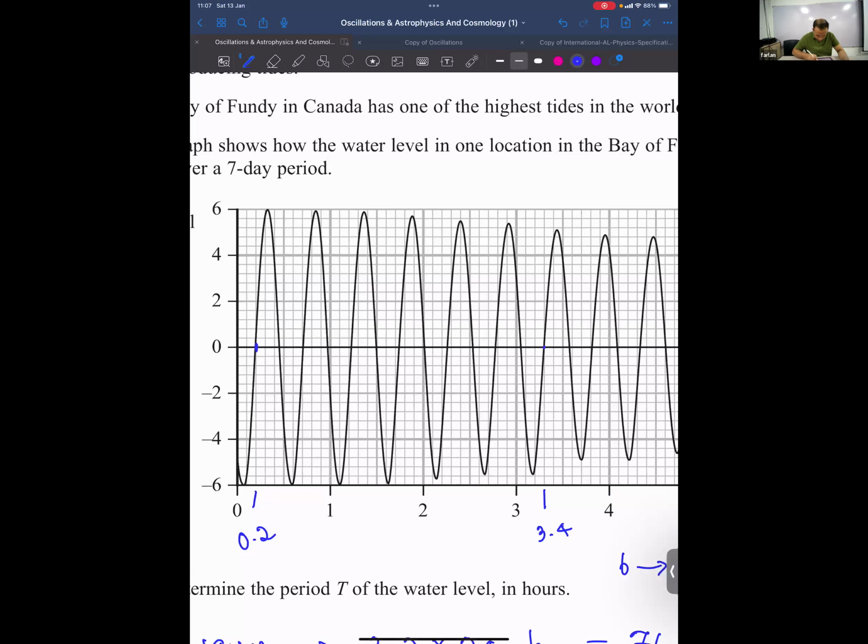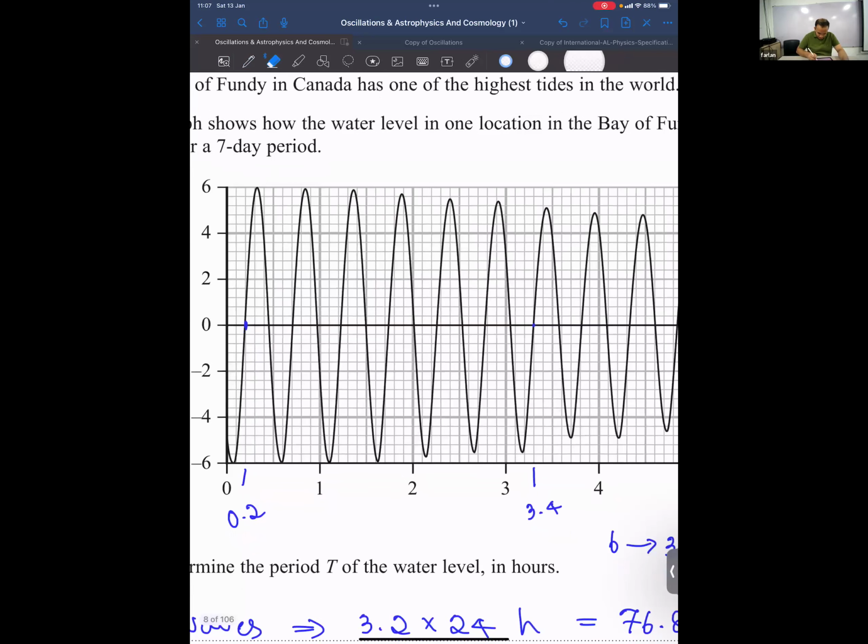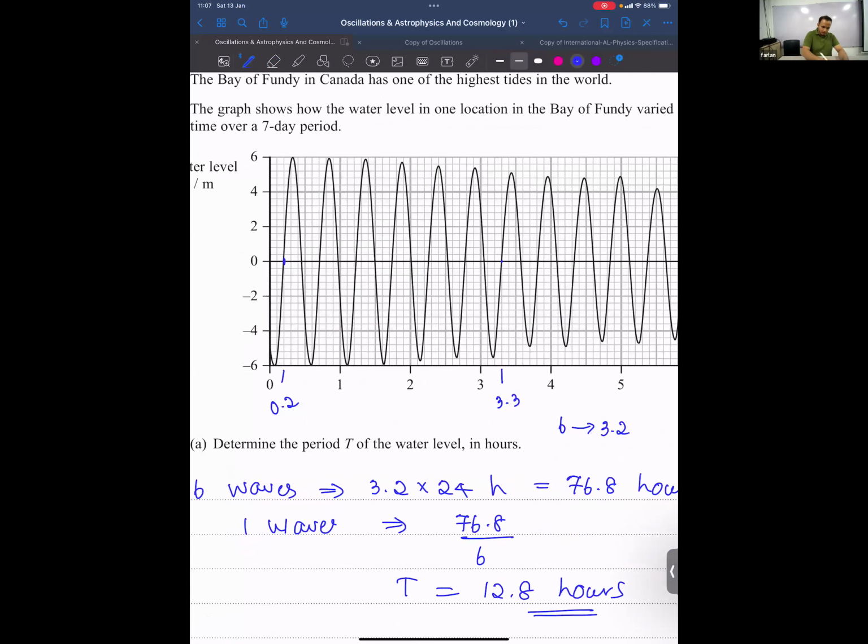Exactly after 6 complete cycles, the time is 3.3. Wait, then I have to make a correction. 6 waves take a time of 0.2 to 3.3, which means 3.1.